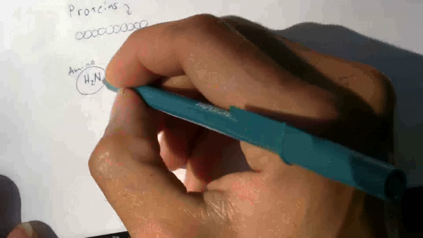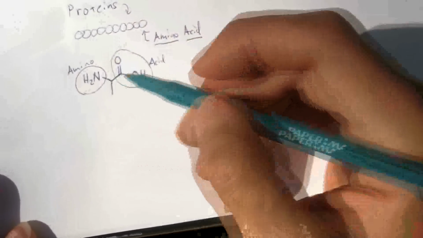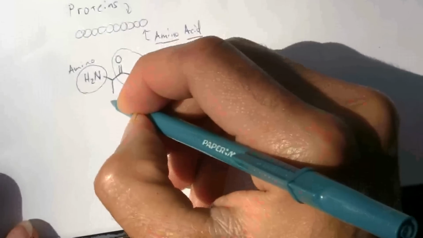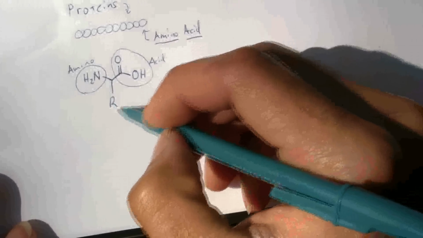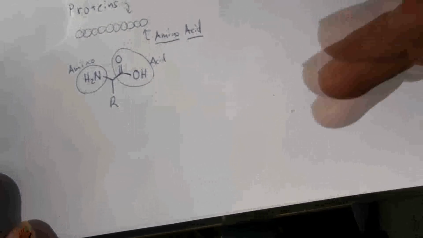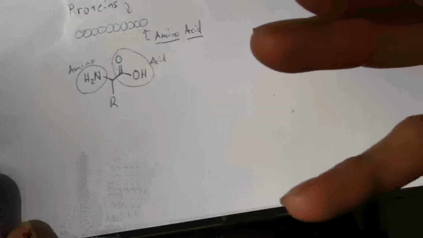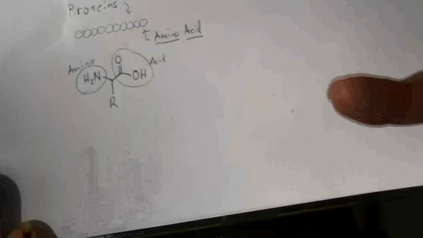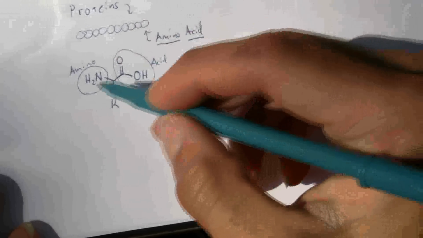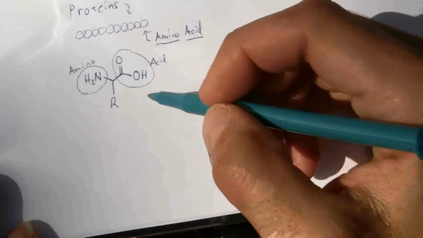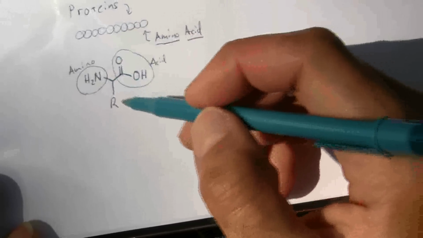And the thing that makes them different is that attached to this carbon in the middle is, I'll just write a generic R group, where R represents quite a number of different things. There are actually 20 common amino acids that are typically encountered, and we'll talk about that a little bit later.